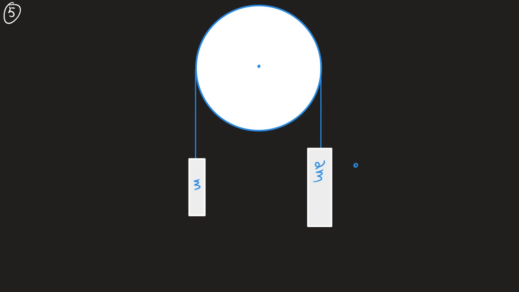I suspect tension upwards, weight downwards. Good. I suspect tension upwards, weight downwards. Good so far?